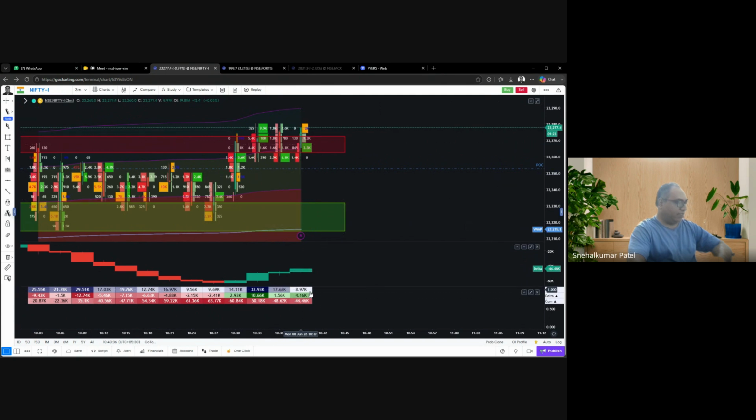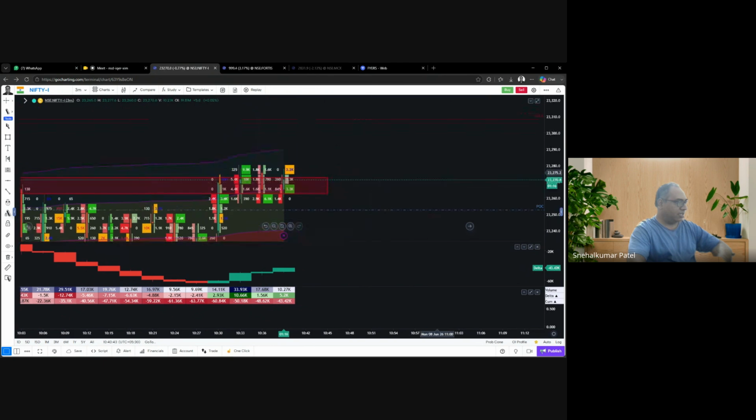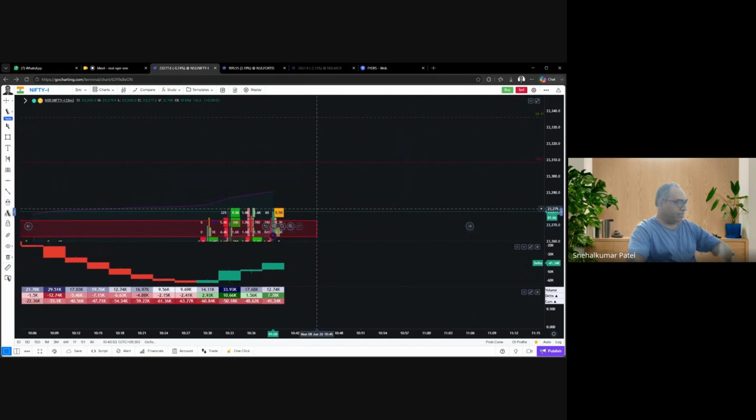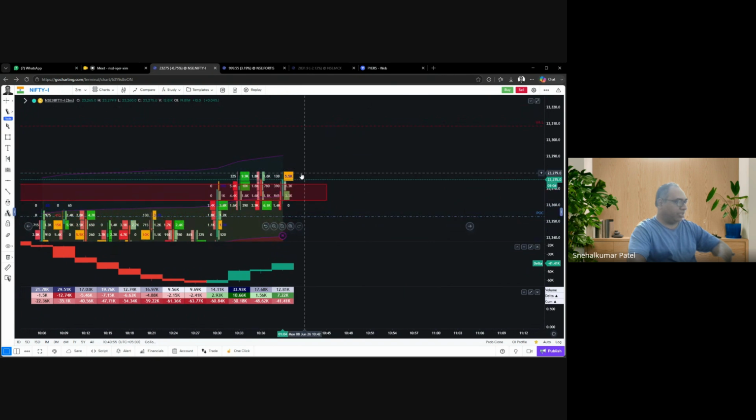Delta again positive, improving, imbalance on the buy side from this level. Price is near high. Delta improving. Even if you take a call here, let's say around 23,285, you will get a trade of, let's say, 15 points.